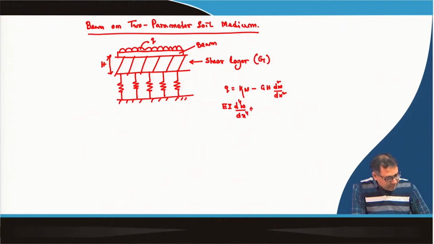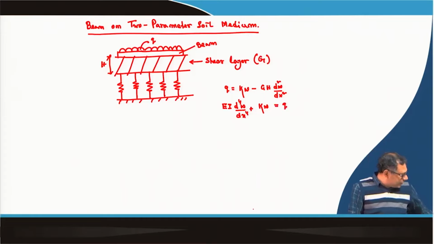dx4 plus your K W, that is equal to Q. Okay, so this is the expression we are talking about for the beam when it is resting on the Winkler model.